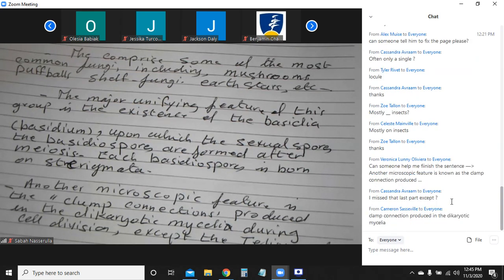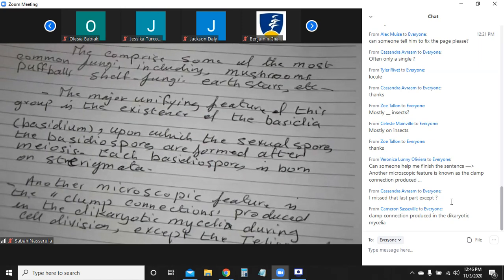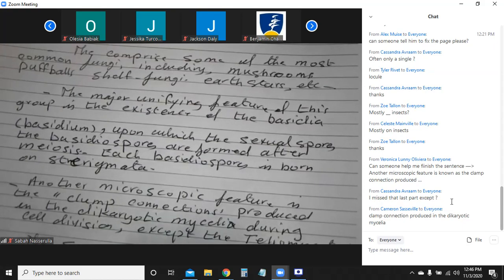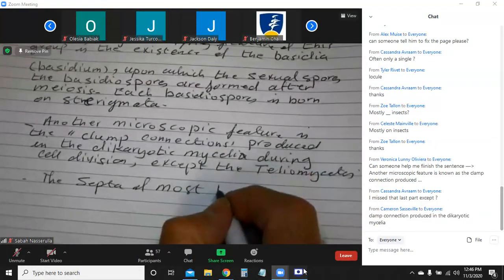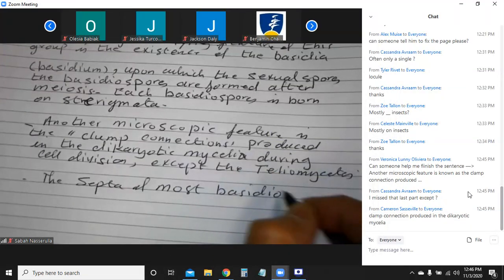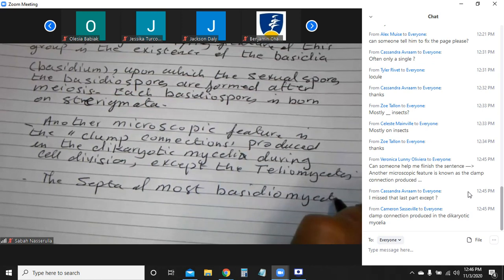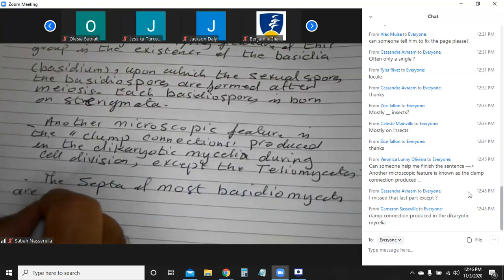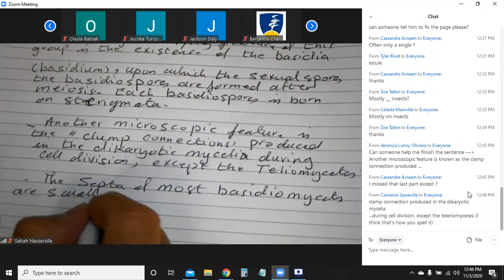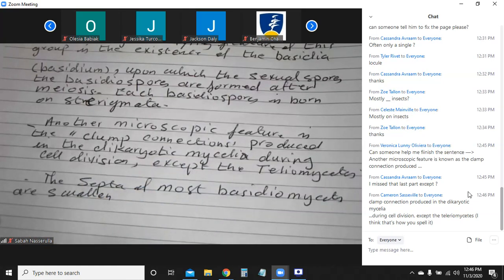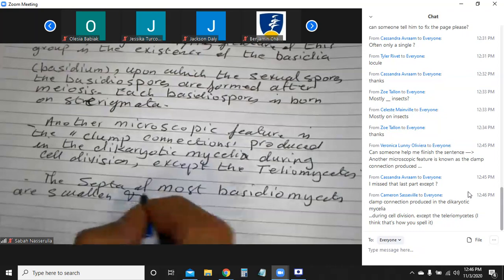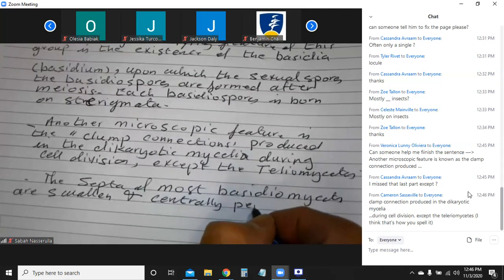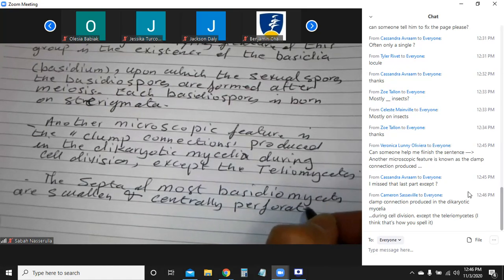Now, the septa of most Basidiomycetes, as I mentioned to you, are swollen and centrally perforated with a hole here. Okay.